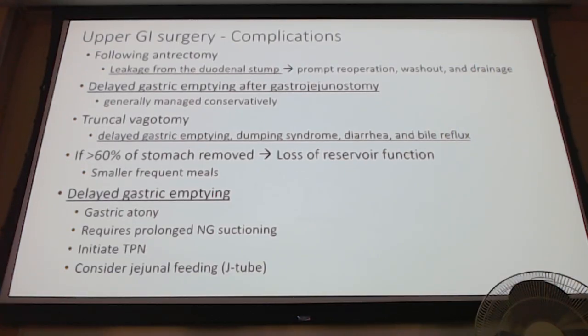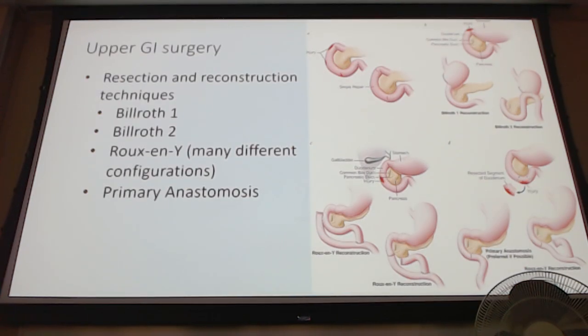If we have it, it may require prolonged nasogastric suctioning, we may need to start TPN, and we may need to put in a J tube in order to feed them, depending on how bad it is. So when I talk about resection and reconstruction, these are all the different types.